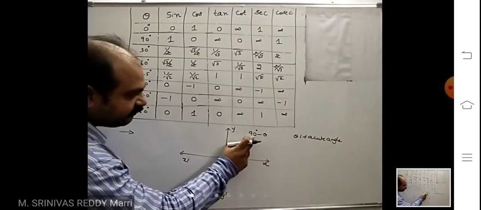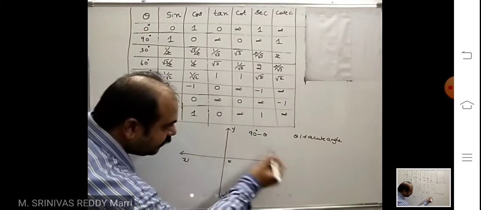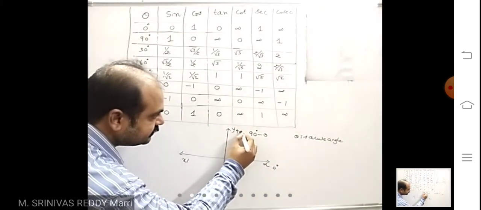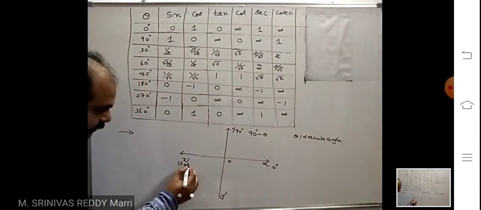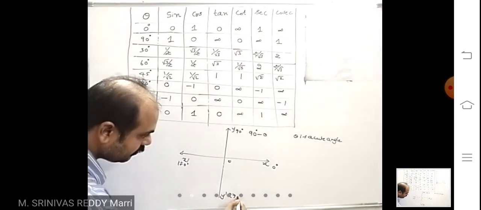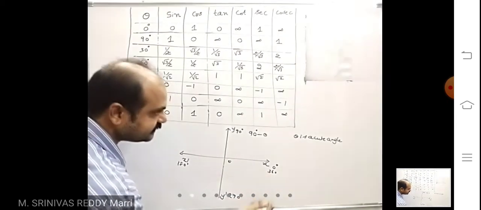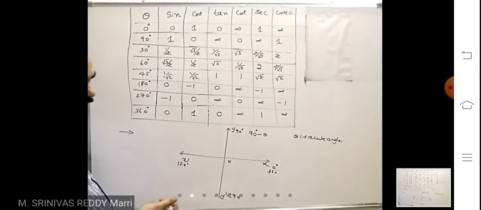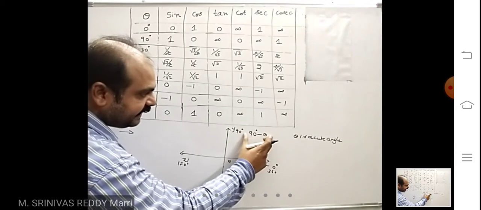Suppose you want to mark an angle 90 minus theta, that means less than 90. This is 0, this is 90, this is 180, this is 270, and this is 360.